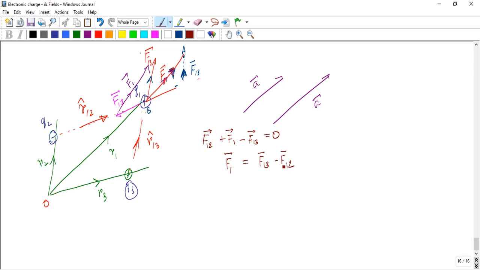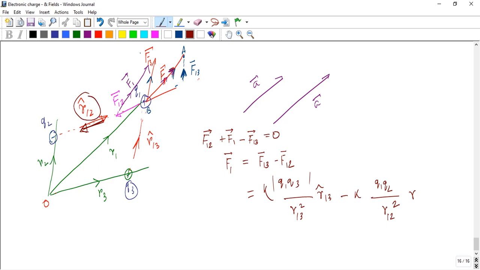If I put in the values, F13 means some constant K, Q1, Q3, that's only magnitude, by R13 square, R13 cap, minus some constant K, Q1, Q2 by R12 square. But the important thing is that here the direction is not R12, it is the opposite of R12.